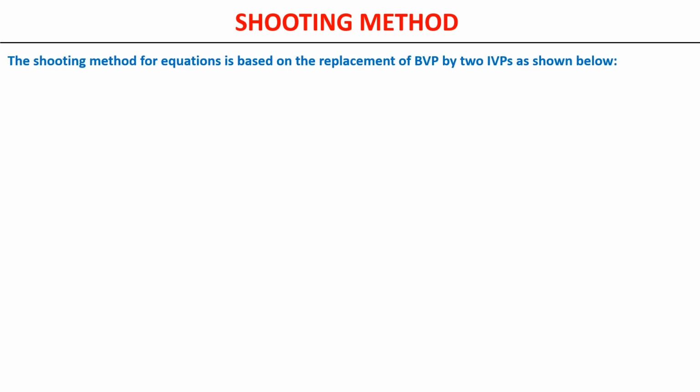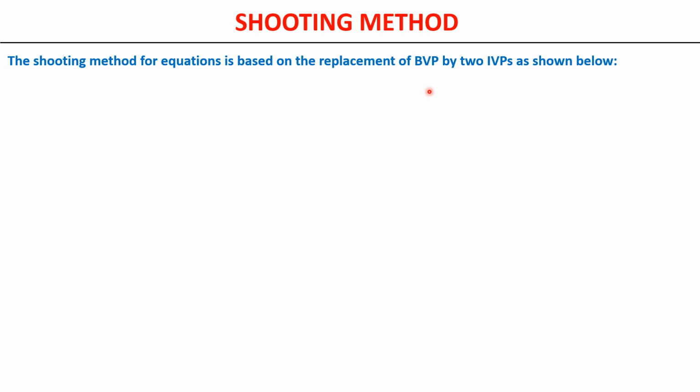As we have seen in the previous video, the basic principle of the shooting method is to replace a boundary value problem by two initial value problems. To do that, we first reduce the second order ordinary differential equation into two first order ODEs.